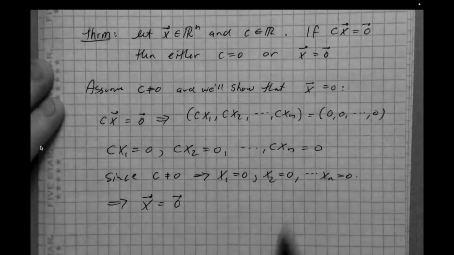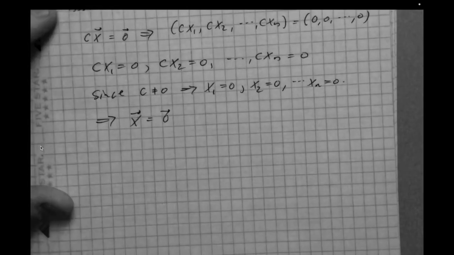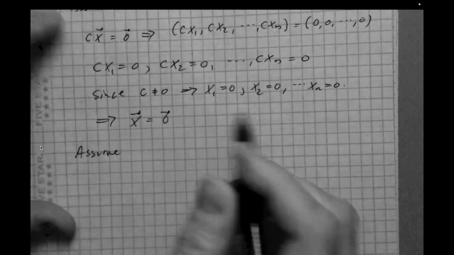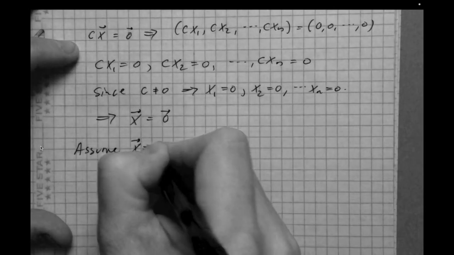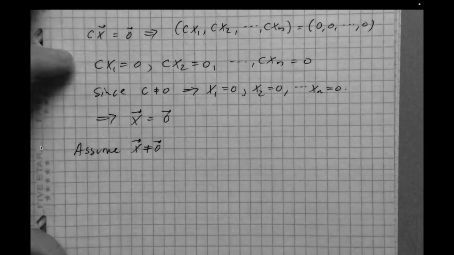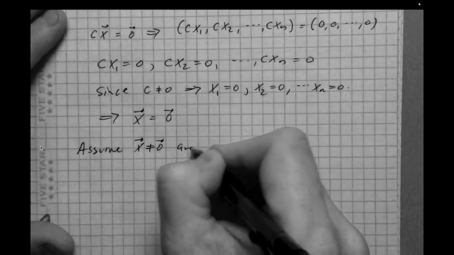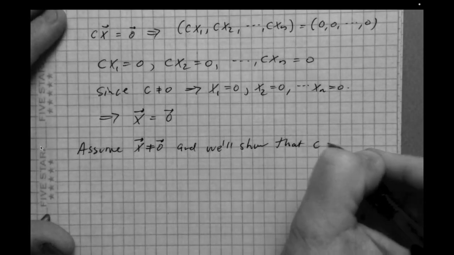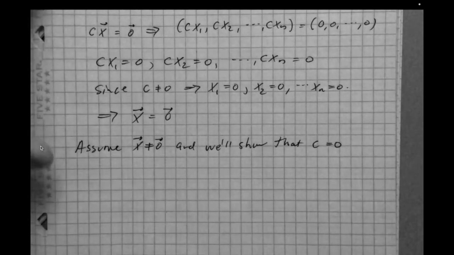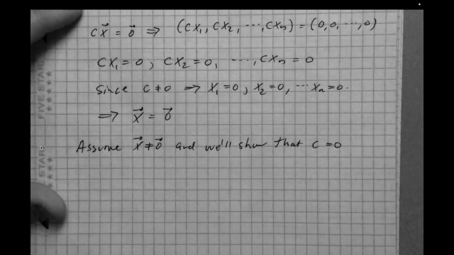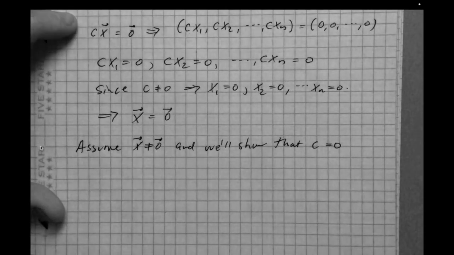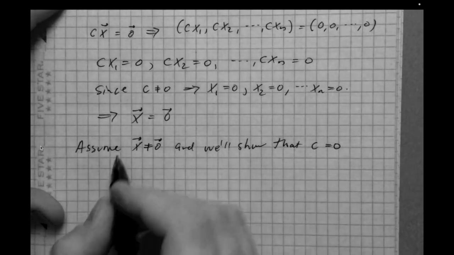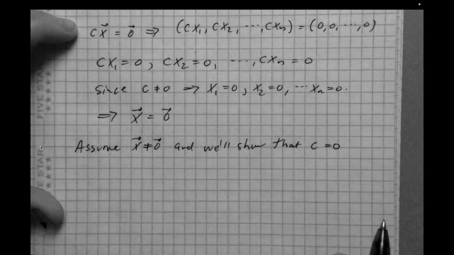Now let's do the other one. So we've shown the one direction. Next, let's assume that X is non-zero, not equal to the 0 vector, and we'll show that C is equal to 0. Similar, let's start in the same fashion.